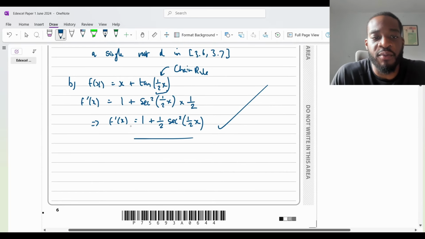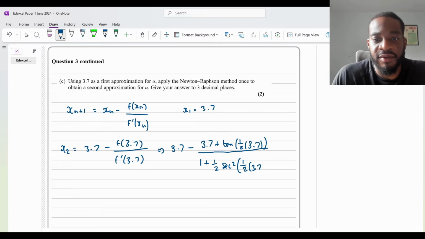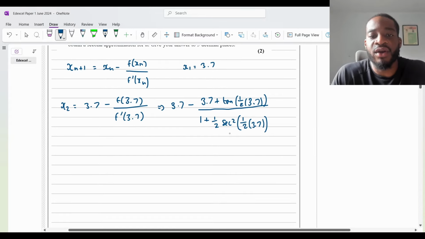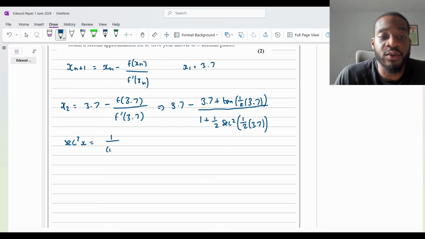So now I'm going to plug in 3.7 into this thing. So I'm going to just replace that. So it's going to be 1 plus a half sec squared, and then 1/2 3.7. Now, when I plug this into my calculator, I don't have sec, do I? So remember, sec squared x, we know, is 1 over cos squared x.